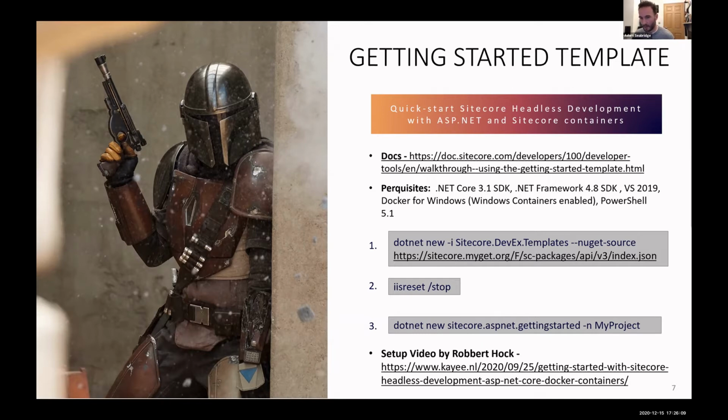Then you need to stop IIS before you do anything else, because you can't run IIS at the same time as the Getting Started template, as it uses some of the same ports that IIS uses. Then you need to run dotnet new on the Getting Started template and pass in the project name that you want to create. I've just used my project, which is the default here in my demo. And then lastly, you need to follow the steps to set up the container environment using the init and up PowerShell files that come as part of the Getting Started template.